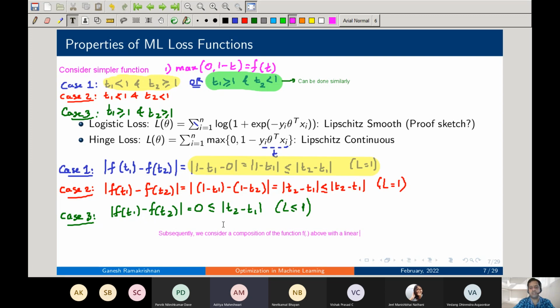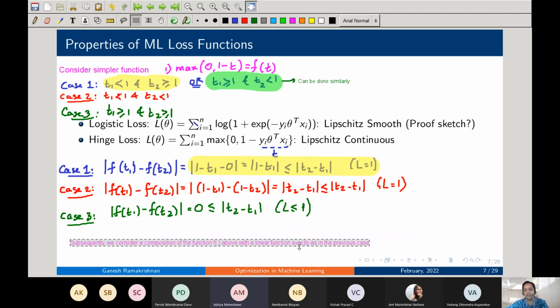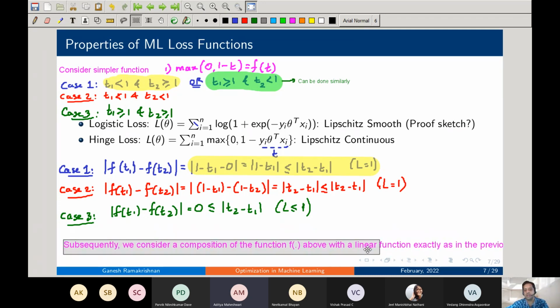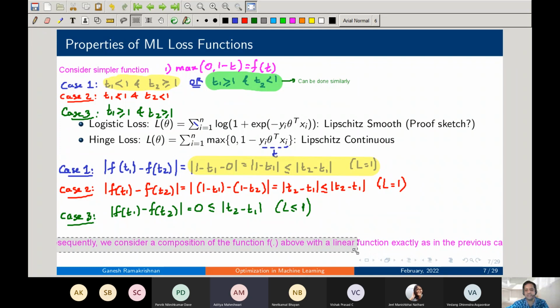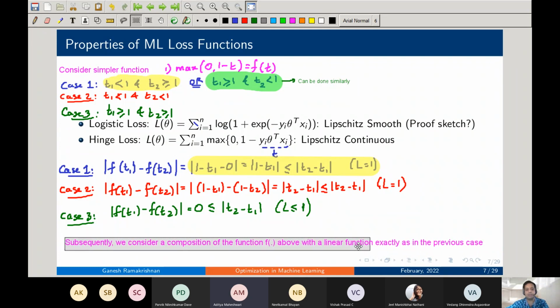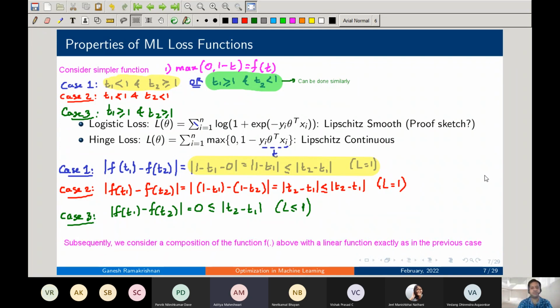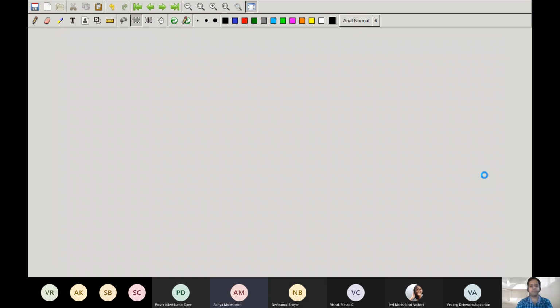With a linear function exactly as in the previous case. So this is very simple, as we have seen. Yeah, I mean there can be more complex settings, but I think our first principles are often very helpful.